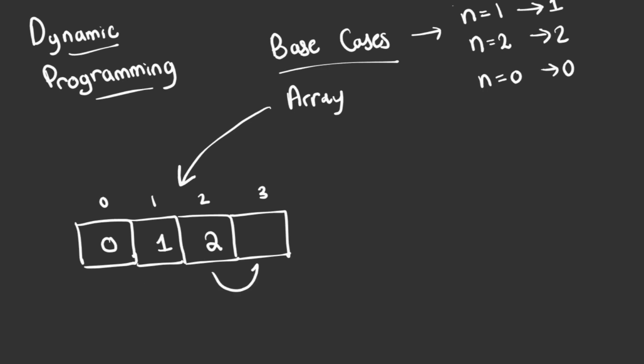So we can take 1 step, or we can take 2 steps to get to the current step. That means we can just take the value of the 2 steps before and the 1 step before and add them together. So 1 plus 2 is 3, and that is exactly the value that we need for this.